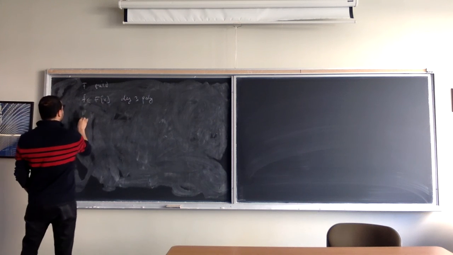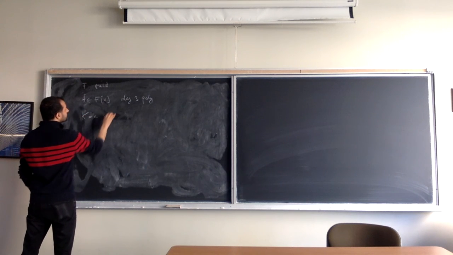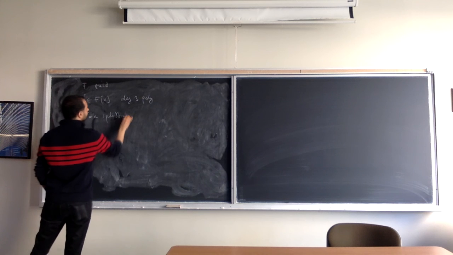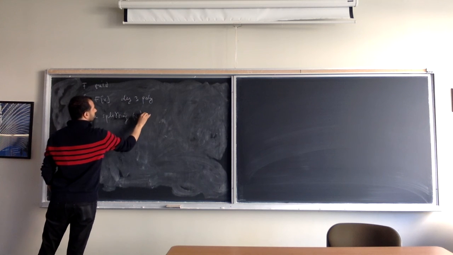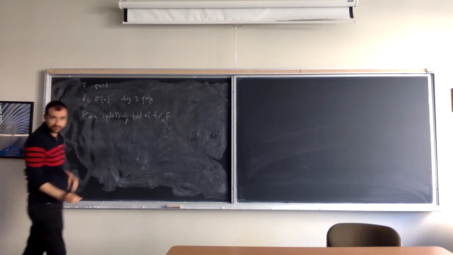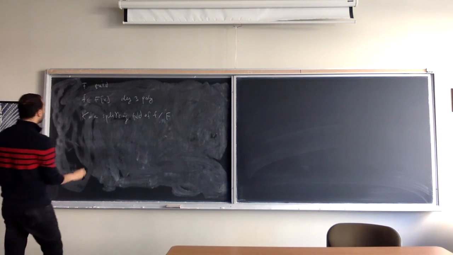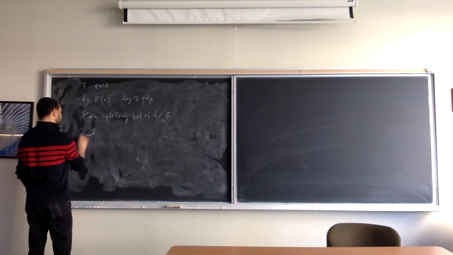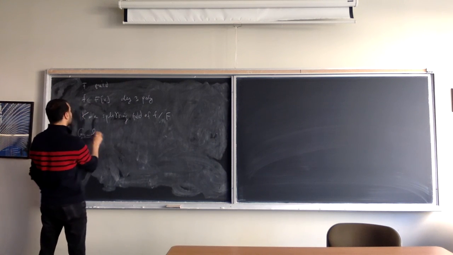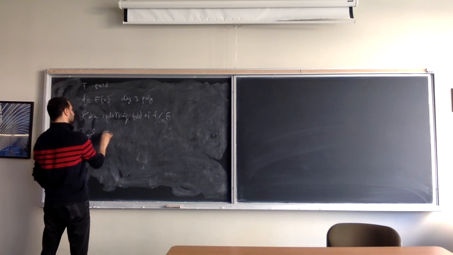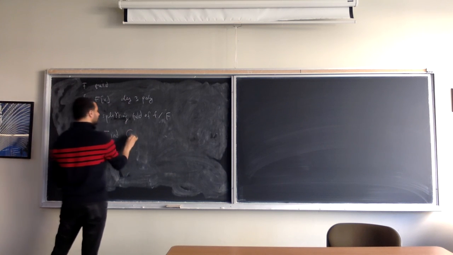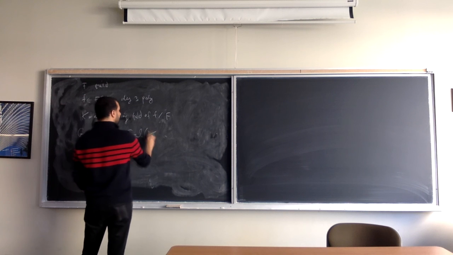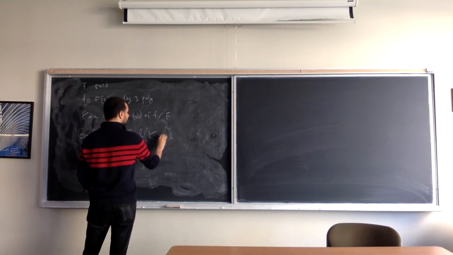Let K be a splitting field of f over F. Now our goal is to characterize the Galois group. Find the Galois group of K over F.